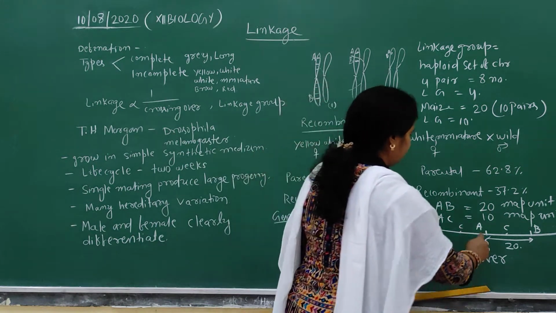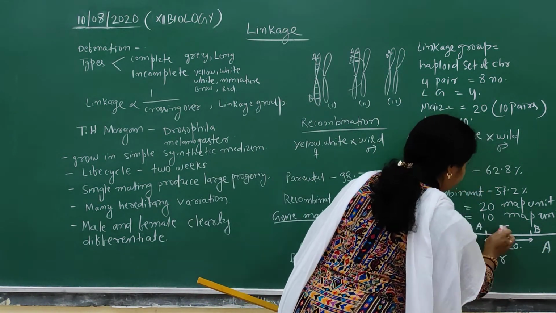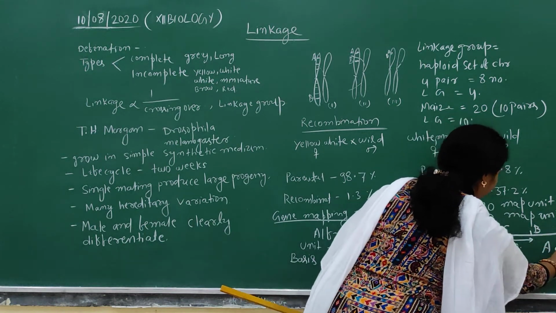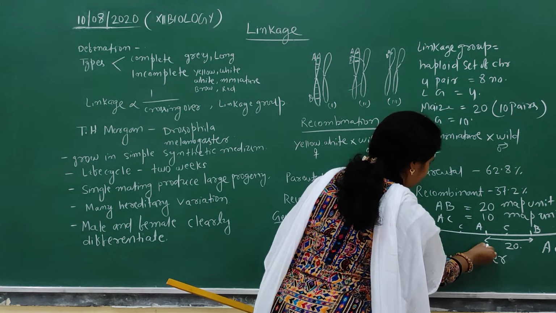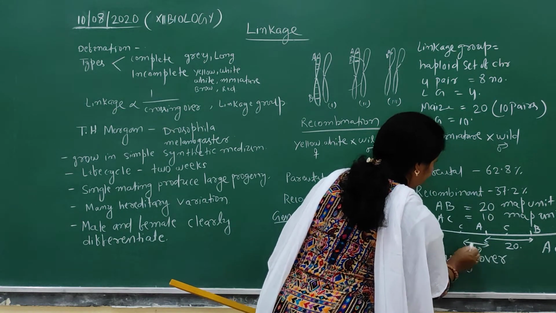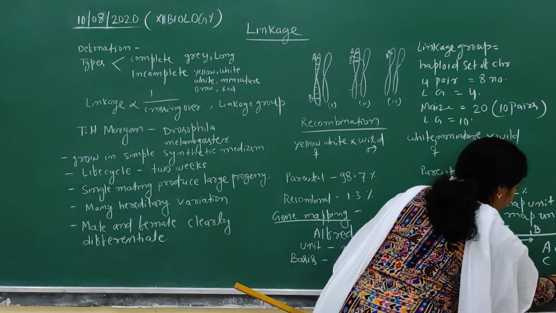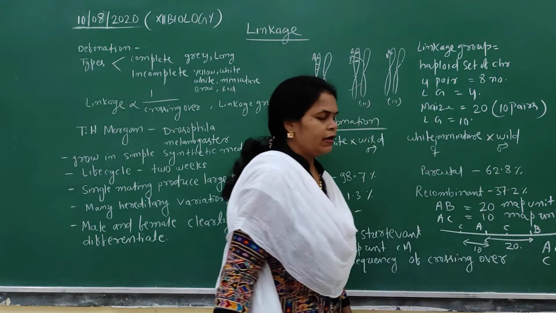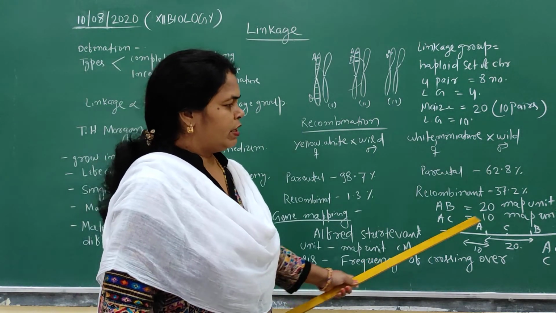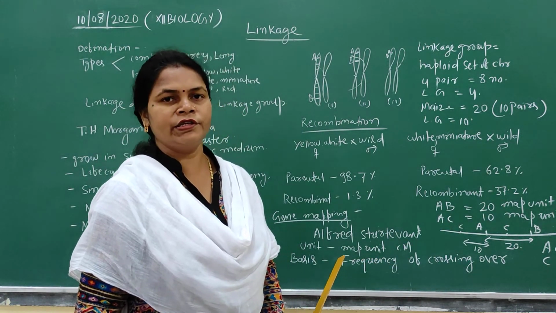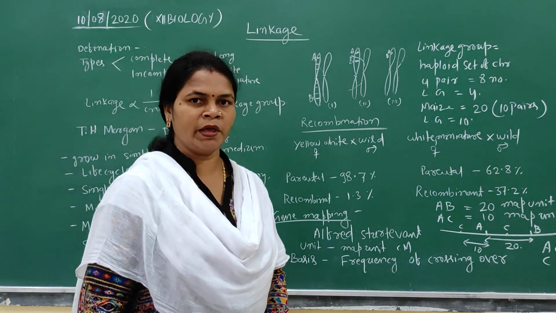One possibility is A, C, and B. Another possibility is C, A, and B. So that means you can trace the location of the genes on the chromosome, and that is called gene mapping.